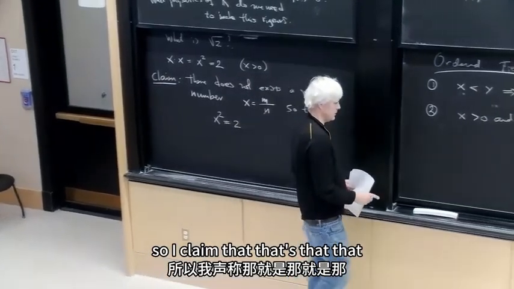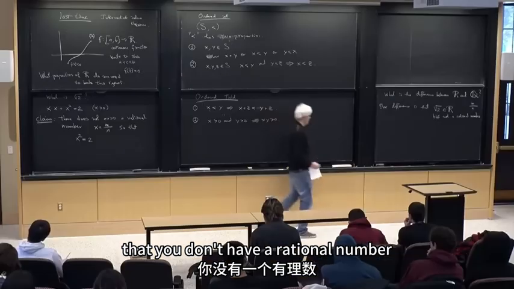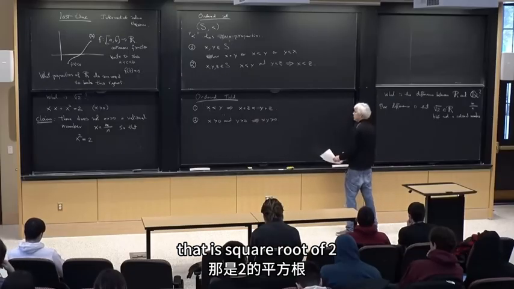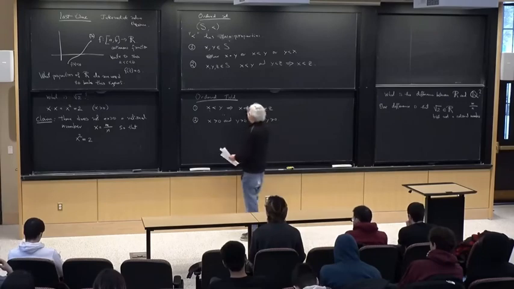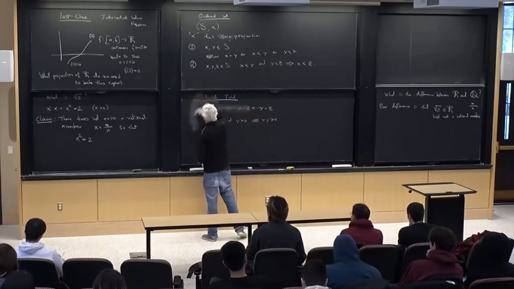So I claim that you don't have a rational number that is square root of 2. Okay, now let's try to prove that.